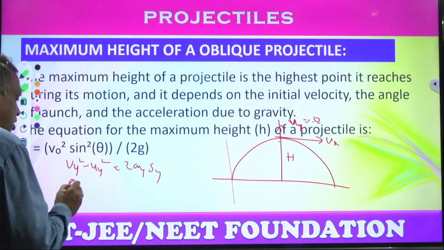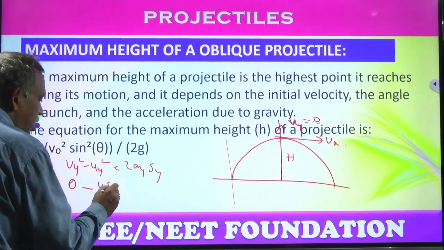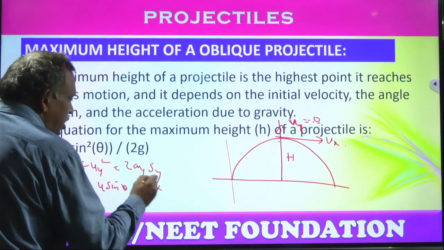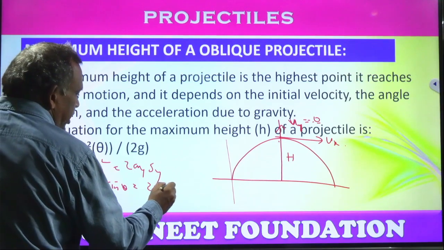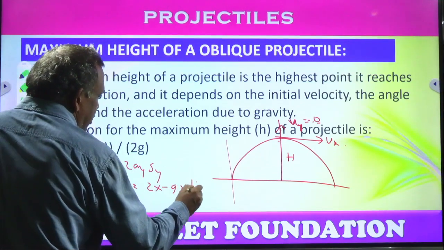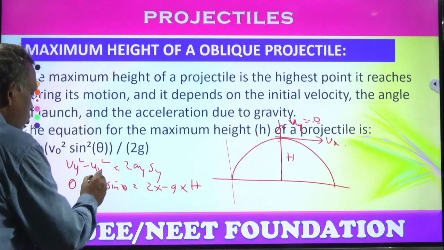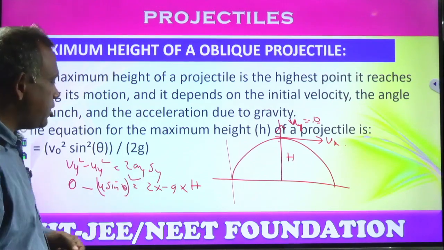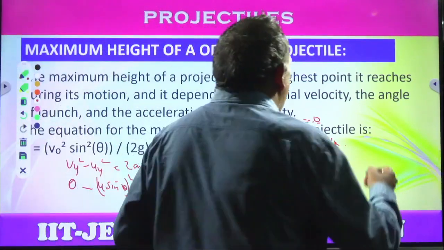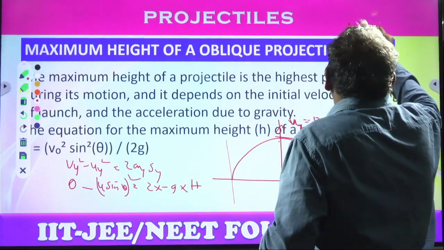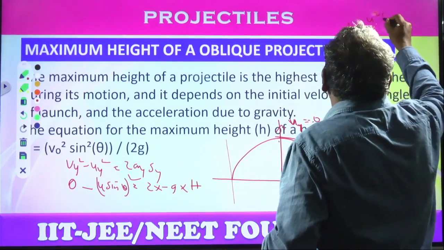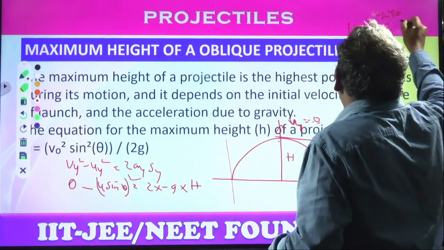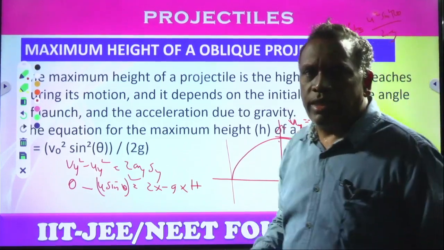Vy will become 0, uy is u sin theta, ay is nothing but minus g, and sy is nothing but h. See, u sin theta whole square becomes u square sin square theta. So the maximum height is equal to u square sin square theta by 2g.